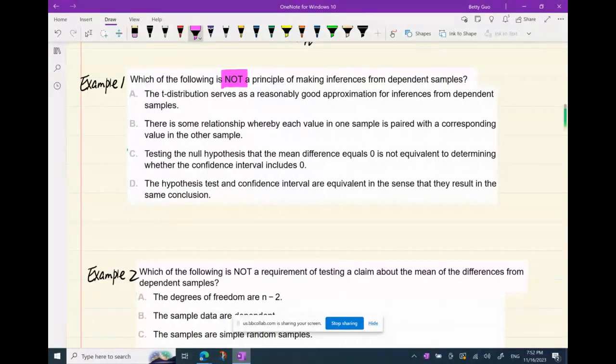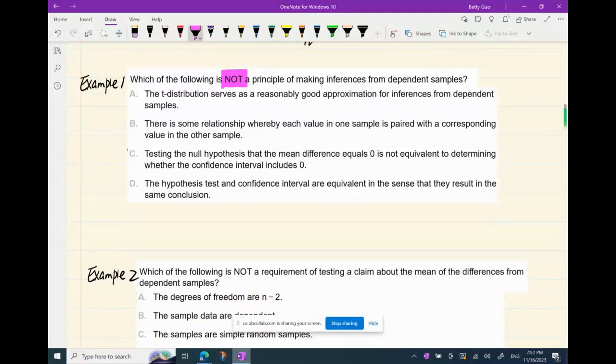I would say it's correct because we are using a t-distribution for the hypothesis test for mu sub d. Option B, there is some relationship whereby each value in one sample is paired with a corresponding value in the other sample. That's the requirement: the two samples are dependent.